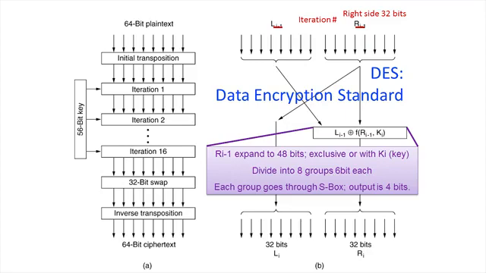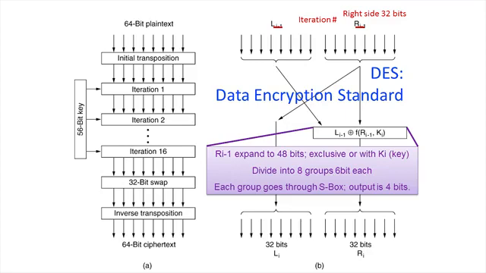It has a block size of 64 bits. The basic version has a 56-bit key. It goes through 16 iterations as shown here on the left-hand side, with the initial transposition and later the output inverse transposition.